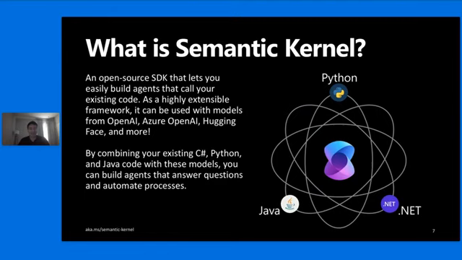Semantic kernel, like I said before, is an open source SDK. I'm not gonna read this, but I'm gonna tell you my own idea about this. You use semantic kernel to easily connect your application with the AI. That's all. But very easy.